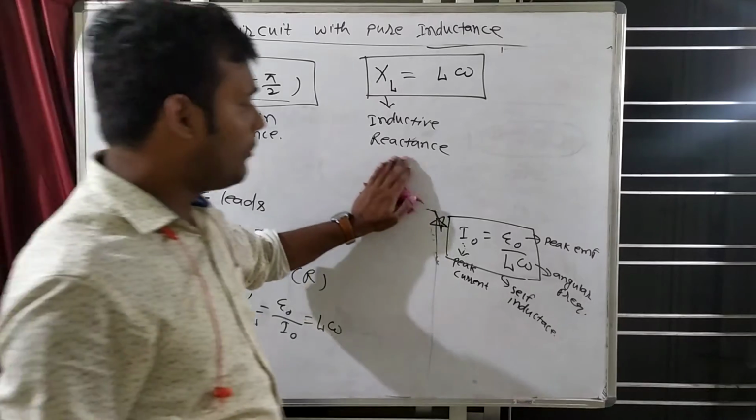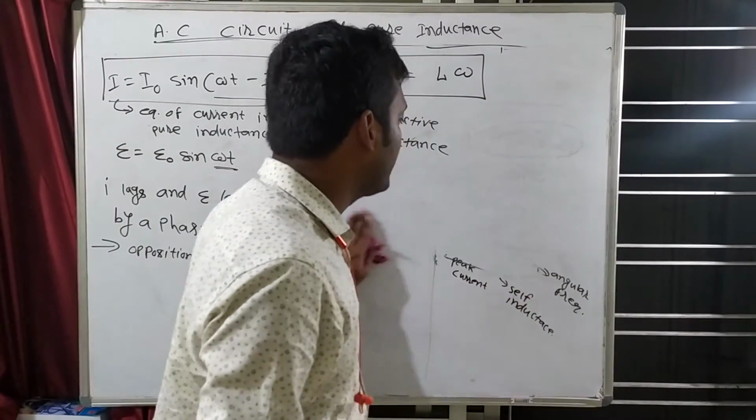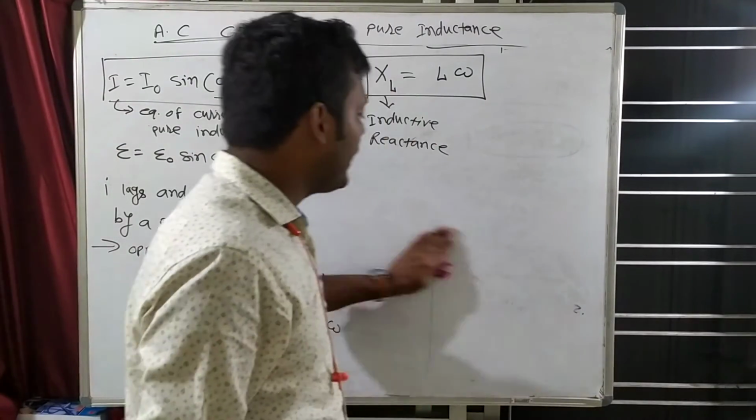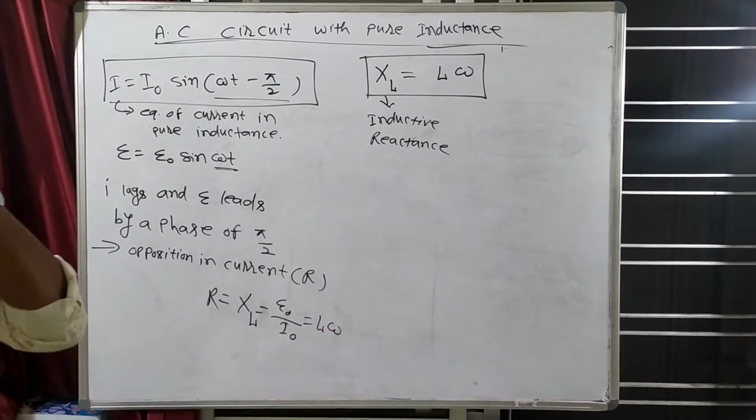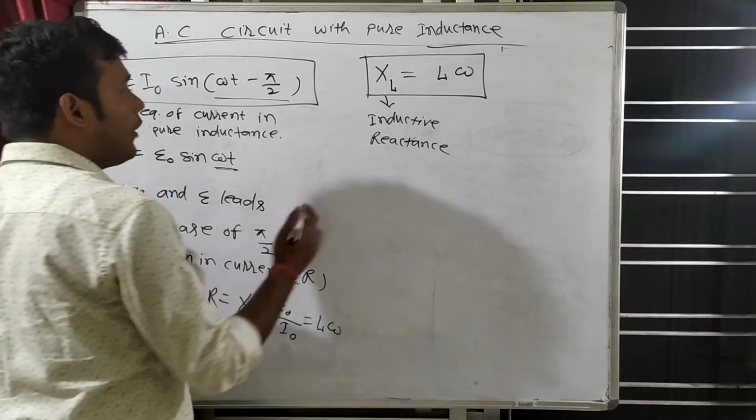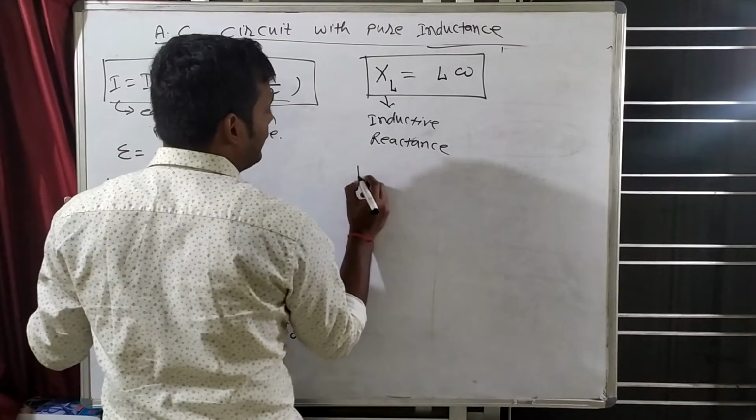Here you have to understand one more thing: inductive reactance depends on omega. Why? Because here L will be constant.